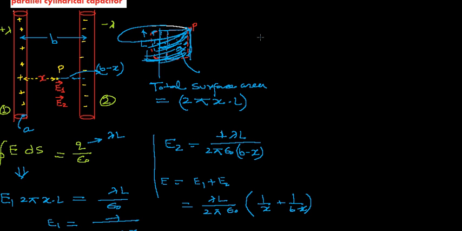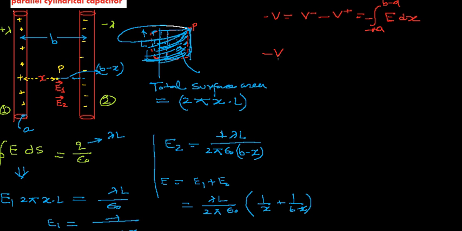Now our usual formula to find the potential difference between the two surfaces. V will be equal to V plus minus V minus, right? And according to the formula, this will be equal to the integration from a to b minus a of E dr, or dx here.